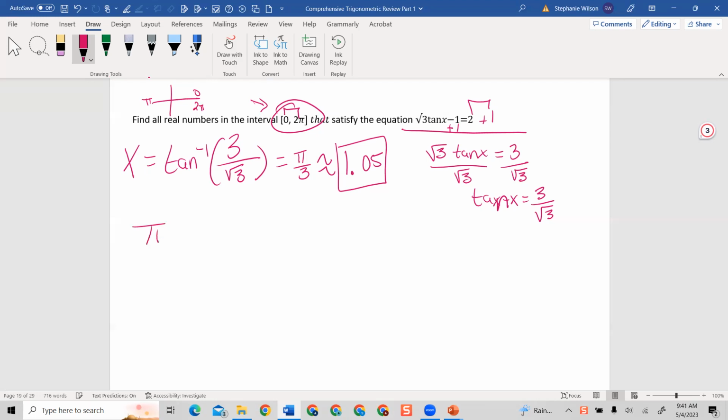If I say pi minus pi thirds, you could do it without the calculator: pi over 1 multiplied by 3 over 3, which would have given me 2 pi thirds. You could have done that.